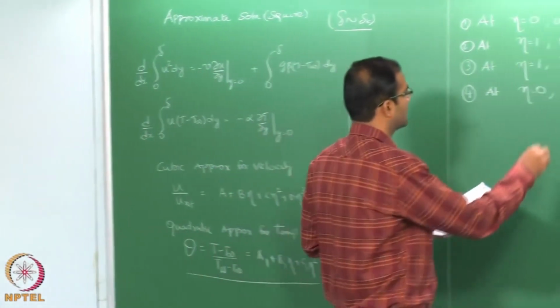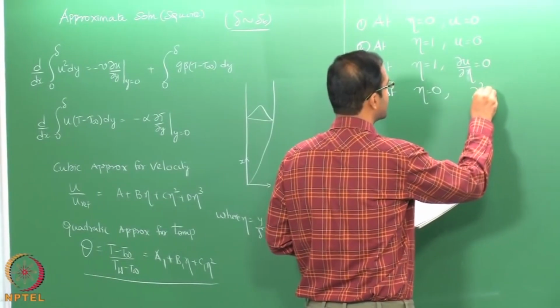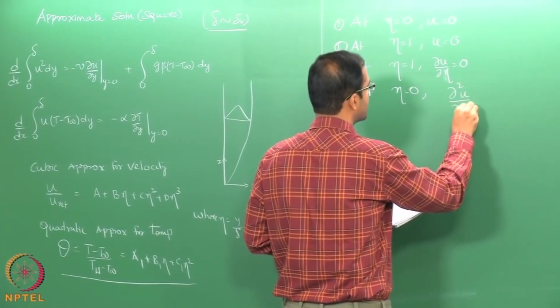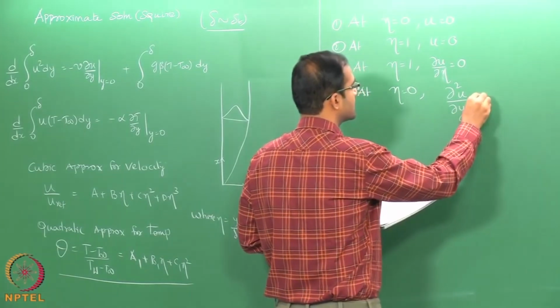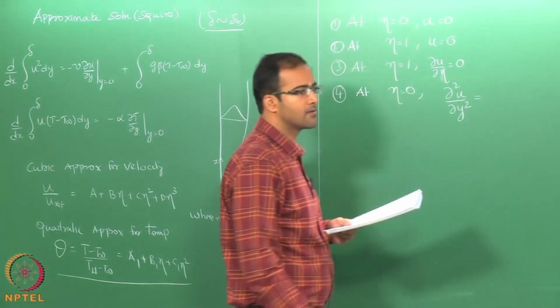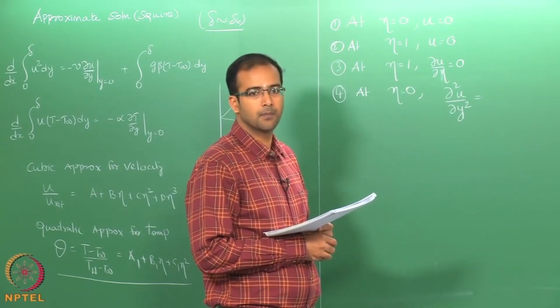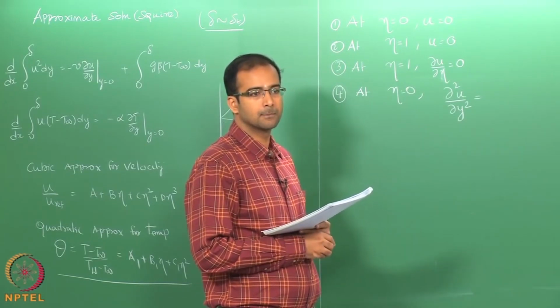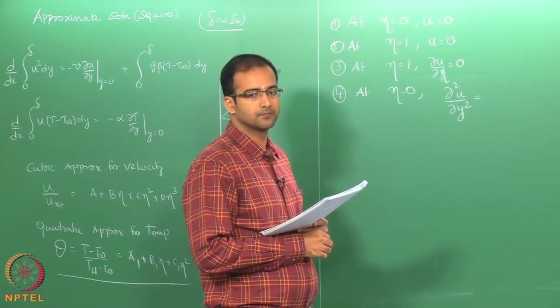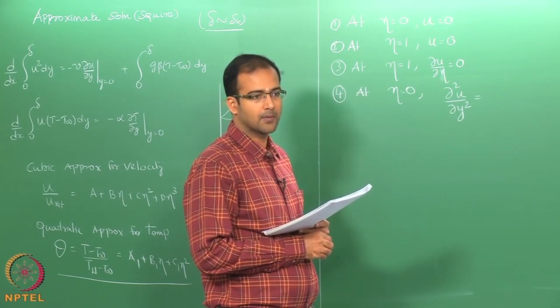d square u by dy square is equal to, write down the momentum equation.